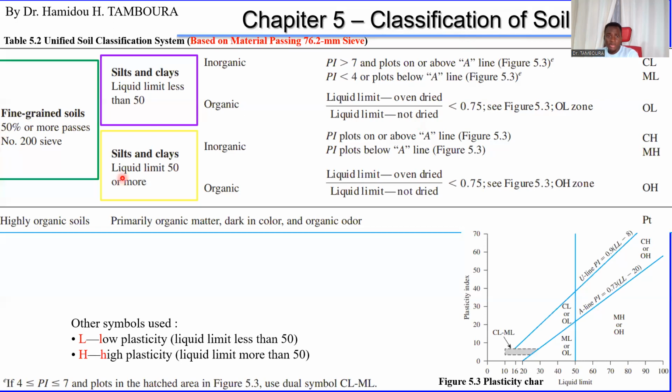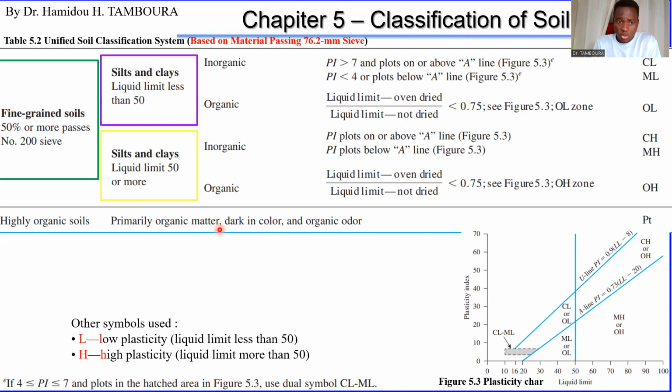So another thing is this one, peats. How do you classify peats? How do you know that soil is peat? Okay, this one. Peats are primarily organic matter. At the beginning of this program, I showed some pictures of peats. It's just like soil mixed with a lot of vegetation, roots.